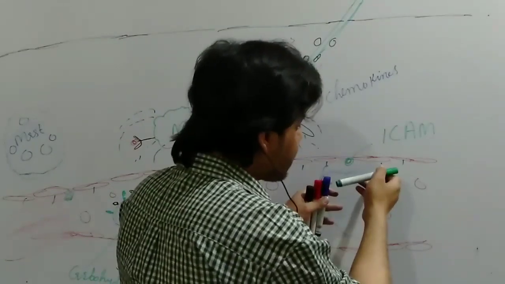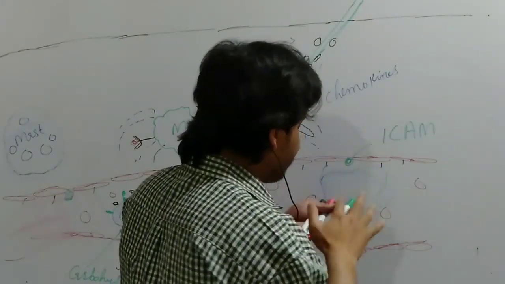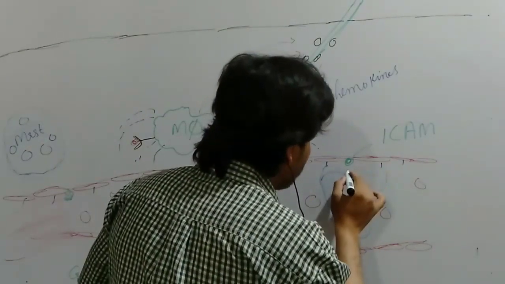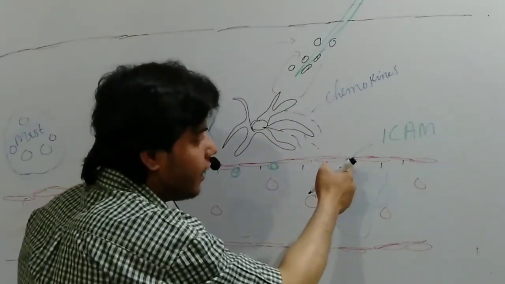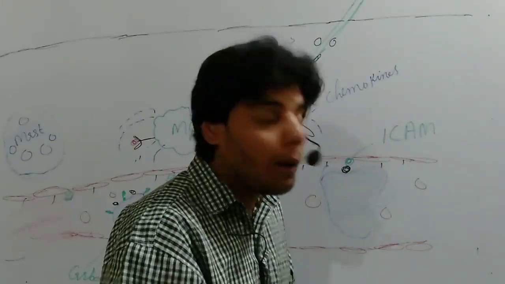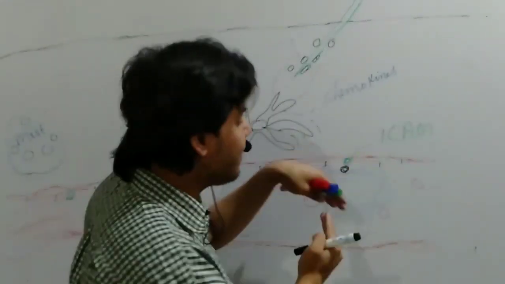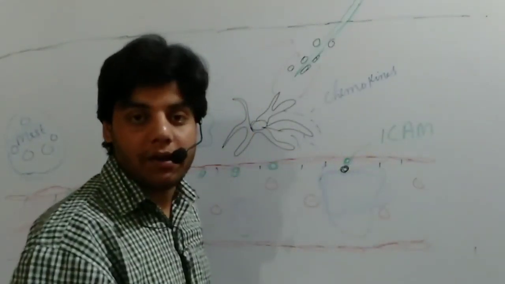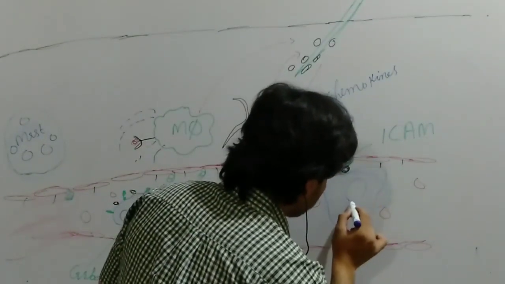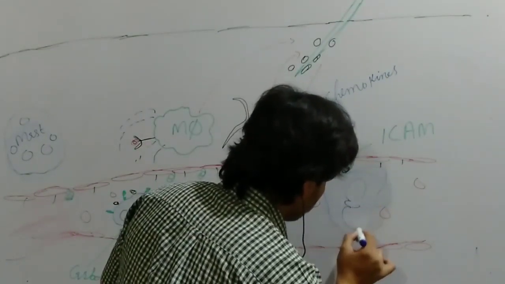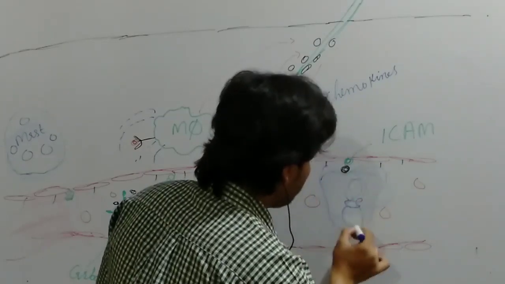Now the neutrophil is bound to that area, and the adhesion molecule of this neutrophil, which we call the integrin, and the adhesion molecule of the endothelial cell are both bound to each other, and the tight junction between them happens. Let me draw the nucleus here. This is the multi-lobed nucleus.